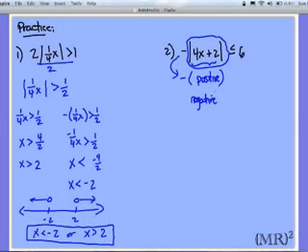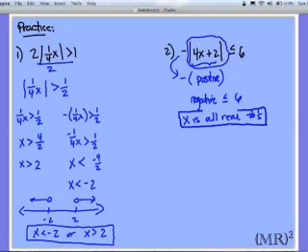And now we have some negative number, depending on what x is, less than or equal to 6. But that's always true. Since 6 is positive, and any number over here will be negative, it will always be true that the negative number is less than the positive number 6. So no matter what value for x we choose, it will be a true inequality. So we can just say all real numbers are possible for x. And that's the little shortcut here.